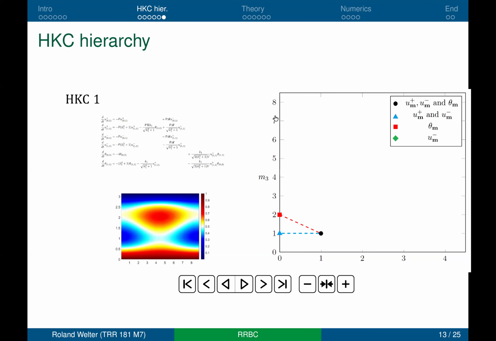So the first model is actually just the rotating version of the standard Lorenz model.